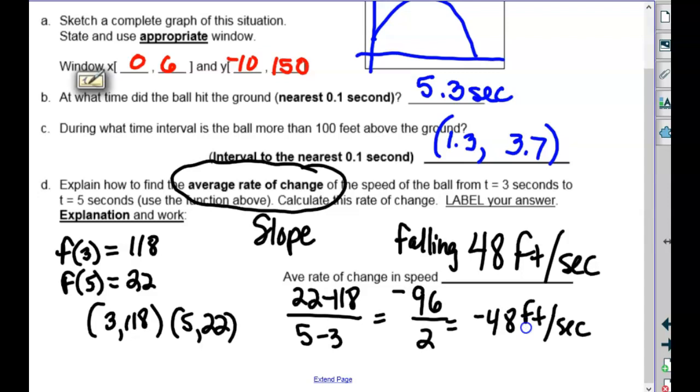And if you just wrote there negative 48 feet per second, I would take that, okay? Don't lose a sign if it has a negative, and you must label your answer because that was part of the question.